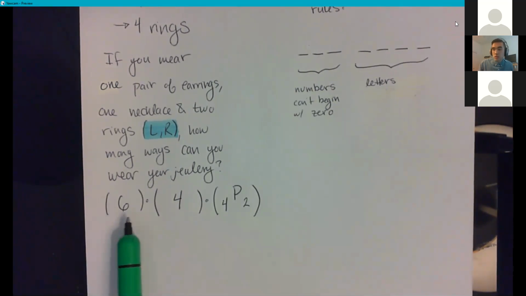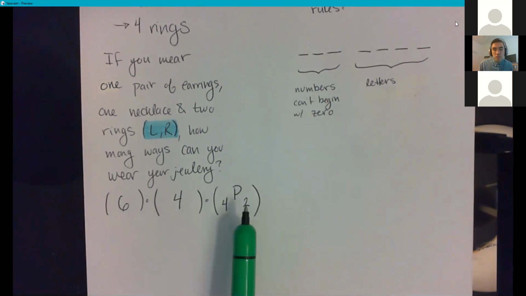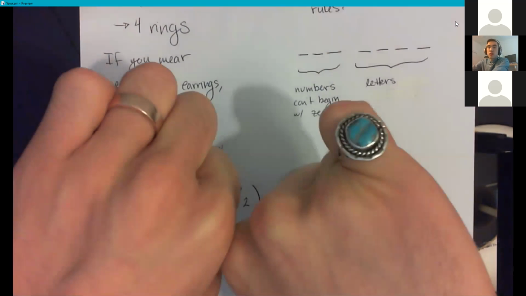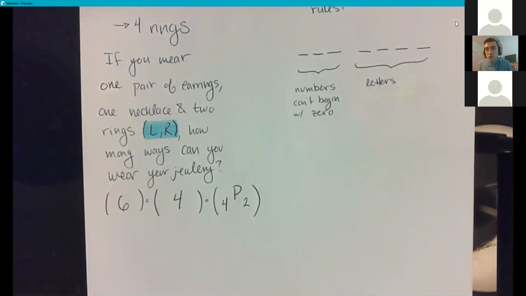I am considering the ways I can wear my earrings, the ways that I can wear my necklaces, and the ways that I can wear my rings. And then after considering them independently, I multiply them. The extra wrinkle being that if I'm going to say that it's different if I wear my rings like this, left hand, right hand, versus swapping the hands, right hand, left hand, that's actually going to add possible combinations of rings that wouldn't have been counted otherwise.